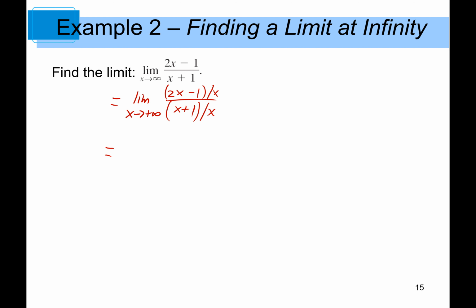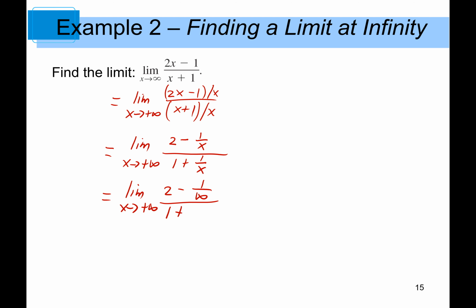Now I'm going to divide both terms inside the parentheses on the numerator separately. So 2x over x becomes 2, and negative 1 over x stays negative 1 over x. The denominator x over x becomes 1 plus 1 over x. Now we can do a direct substitution: 2 minus 1 over infinity in the numerator, and 1 plus 1 over infinity in the denominator.